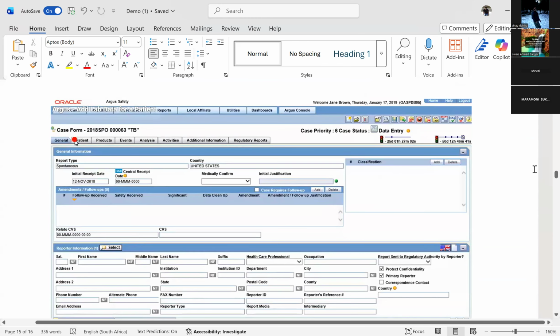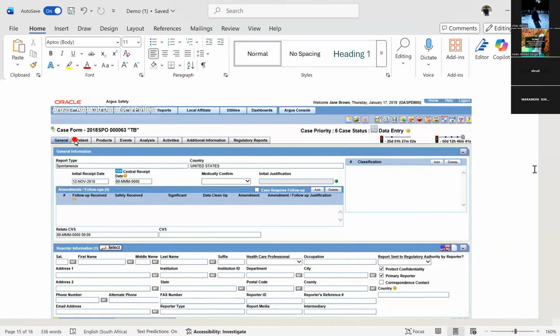What is case intake or triage? In simple terms, case triage is entering PDER information. That's the short form that I've given to the validity criteria. The case triage person will enter patient, drug, event, and reporter information in the case, and they will route the case to the next workflow for data entry.